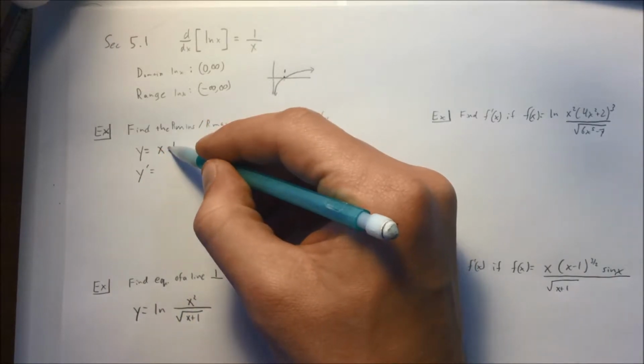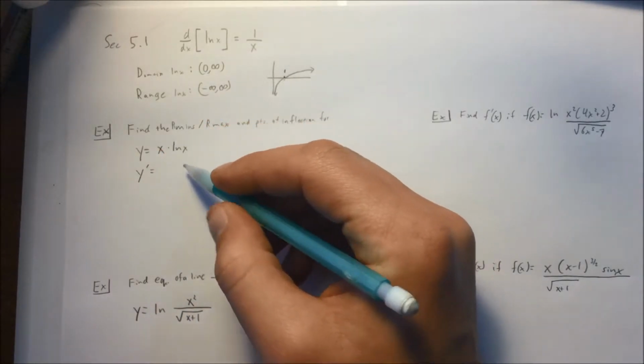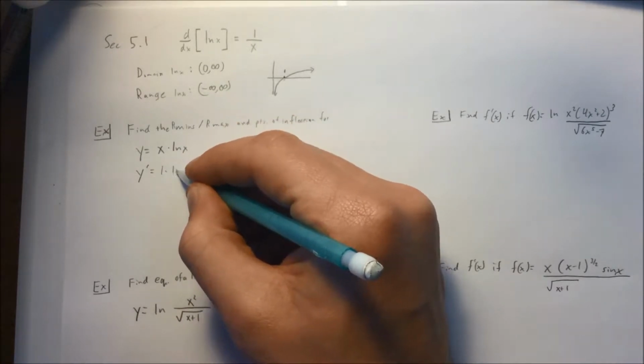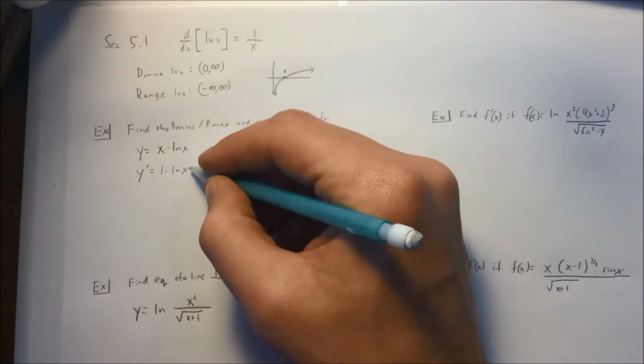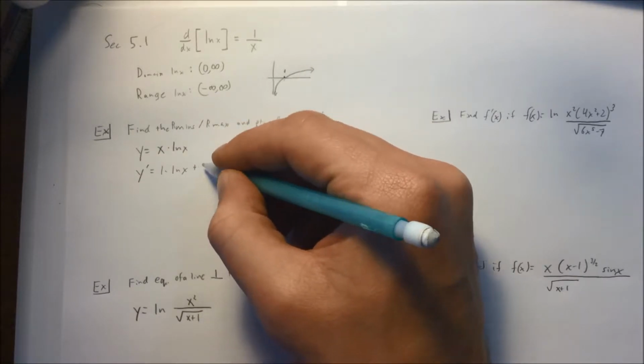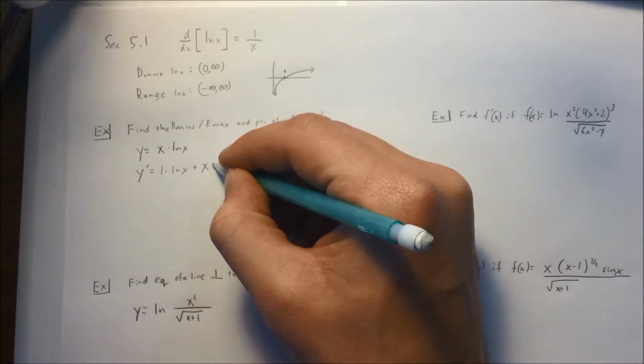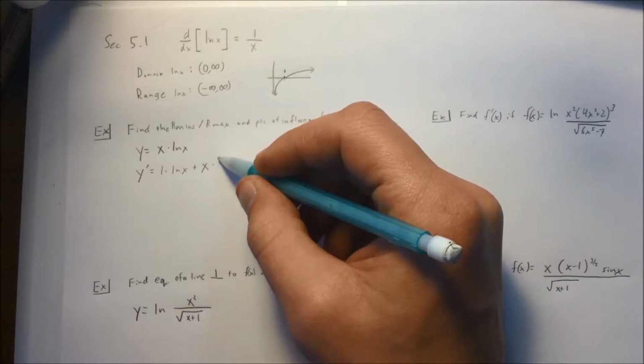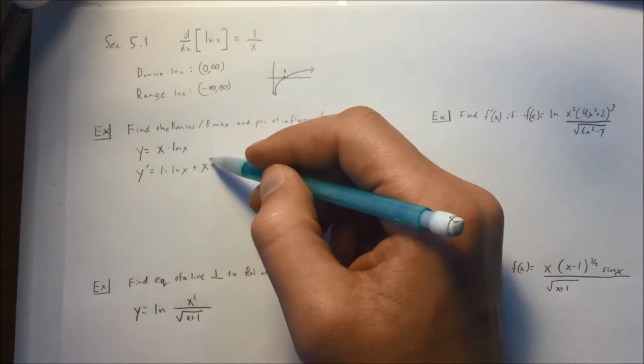Now, I've got a function times a function here, so I'm going to use the product rule. Derivative of the first is 1 times the second, natural log of x, plus the first, x, times the derivative of the second.